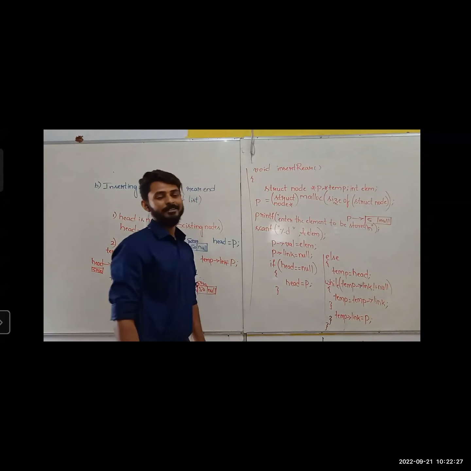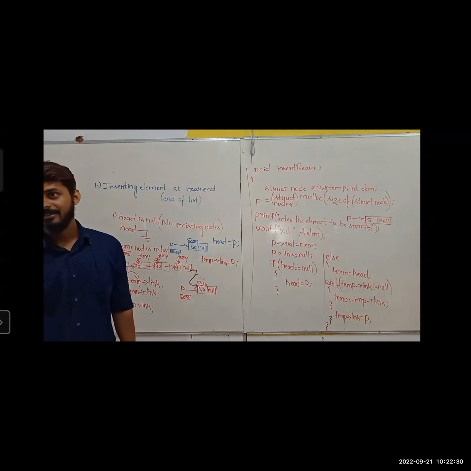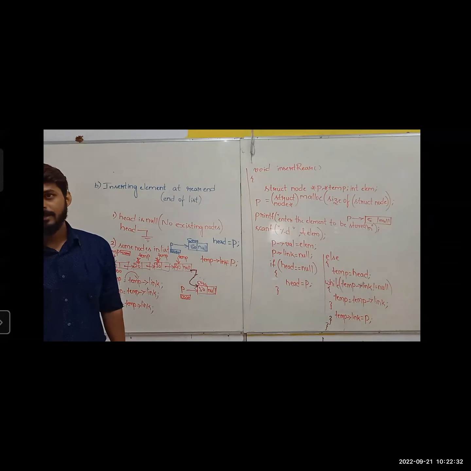Sir, Rajshri here again. I have a doubt, just a small doubt actually. You have written that the link is null, right? The node that you have created, I understood. But then you have written the statement if head is equal to null, which can also mean head is pointing to the link, because there are two nulls in two positions.